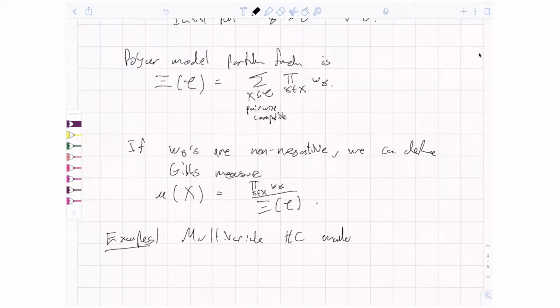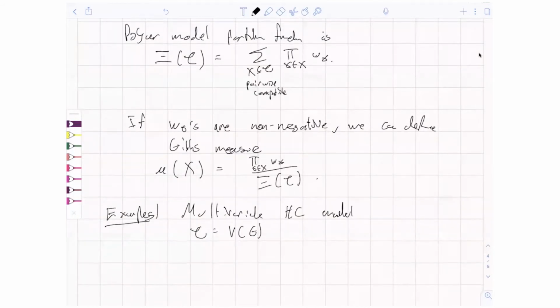And here the collection of polymers is just the set of vertices of our graph. We say u and v are compatible if the distance in the graph is greater than 1. And then the weight function is just the activity function.